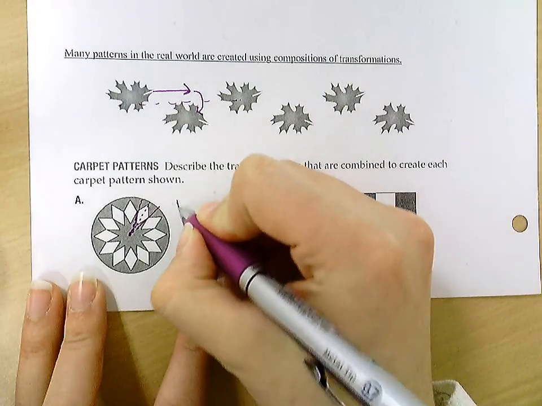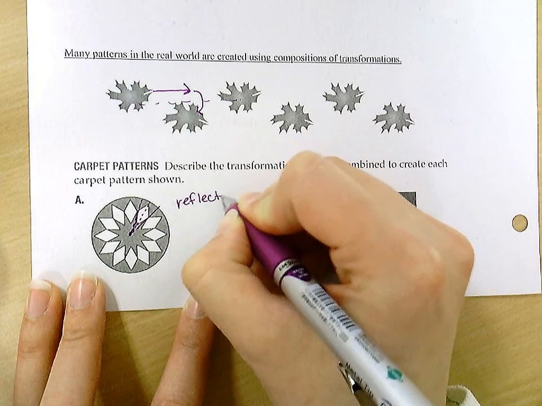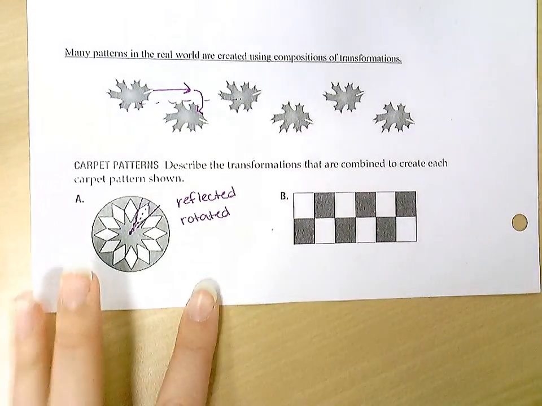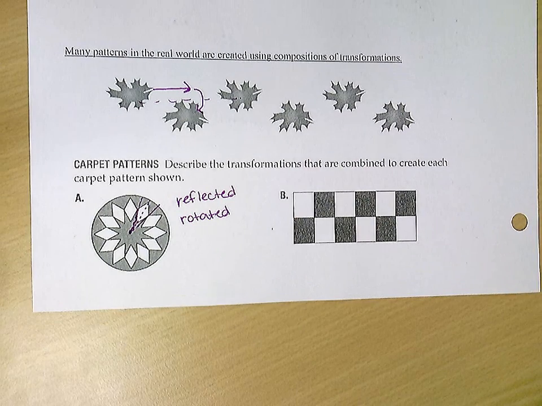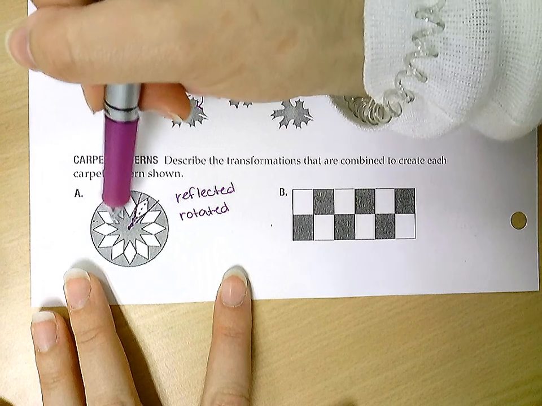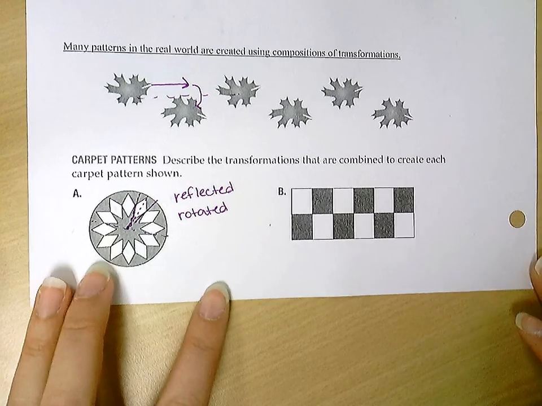So I reflected and then rotated. You could also take each one, rotate it until you get halfway here, and then reflect that whole thing over. So you could do the opposite. You could rotate each piece and then reflect it over to get that pattern as well.